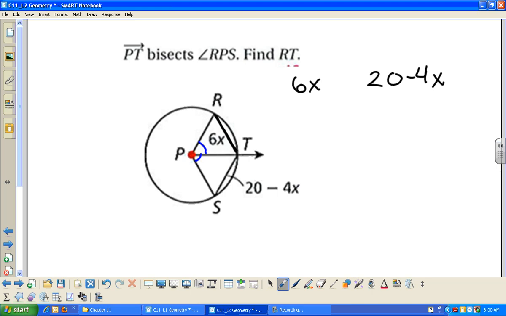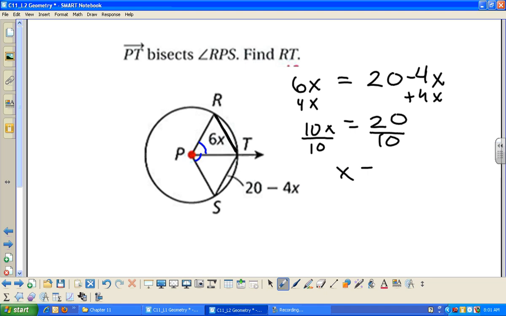Since those two central angles are congruent, so will be the chords of those angles. I'm solving for x first, because I have to know x before I can find RT. Add 4x to both sides, and then divide by 10. So x is equal to 2. And RT is equal to 6 times x, so 6 times 2 is 12 units.